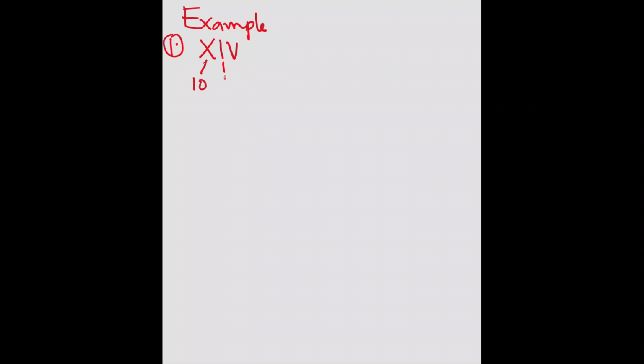Okay, X is 10, I is 1, V is 5. So we have 10 plus 5 minus 1. Remember, IV is 4, or we can just say 10 plus 4. So for XIV, we have 14.